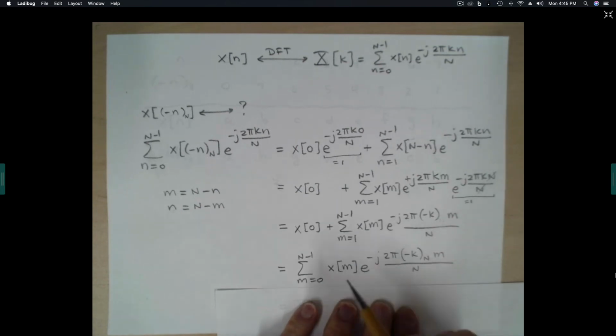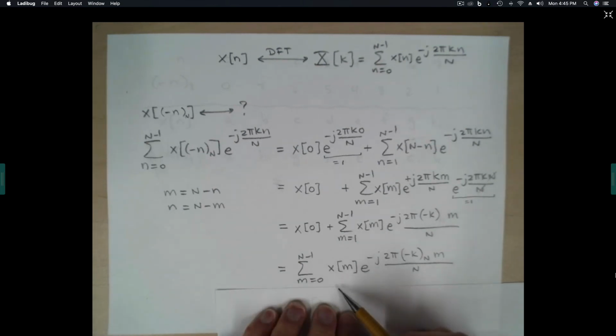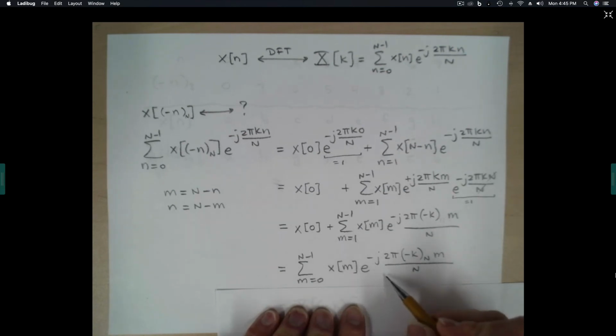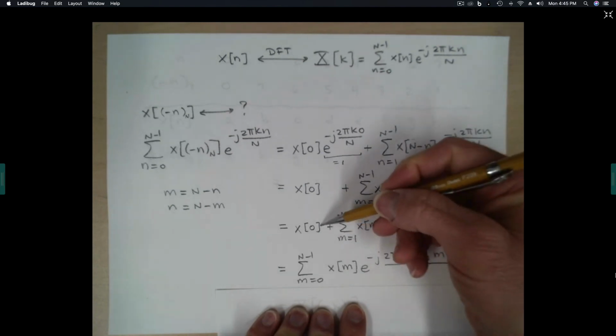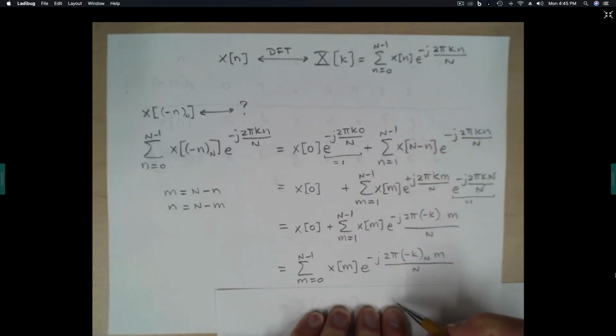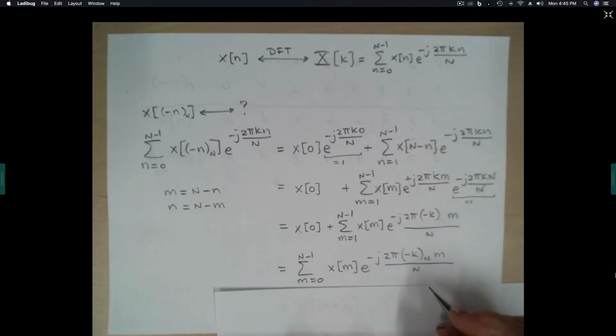The other thing that we've done is we've reabsorbed that 0 index term into the sum. Why is it that we can do that? Well, remember that when m is equal to 0, this complex exponential is equal to 1. And so we can freely bring that term back into the sum, and it doesn't change. We don't need to add anything special to accommodate it.